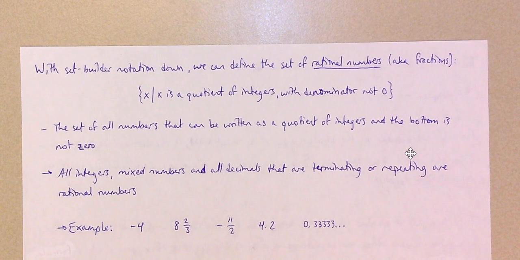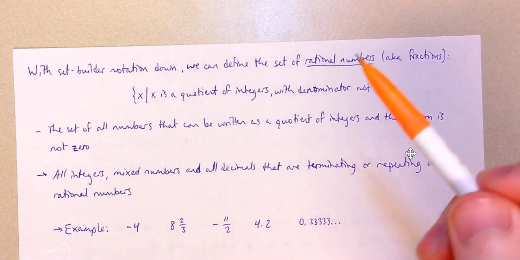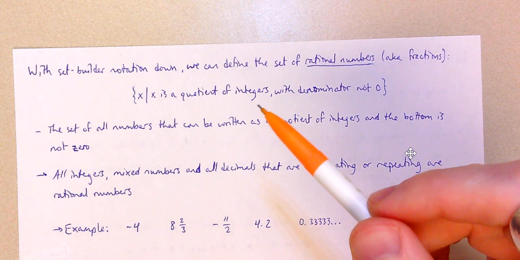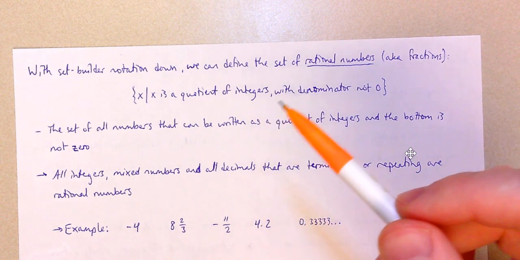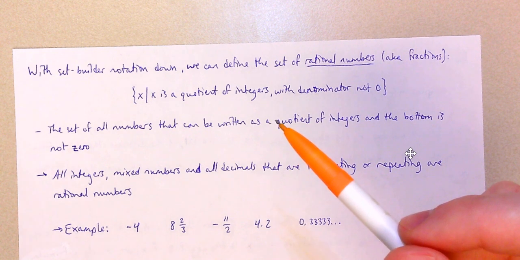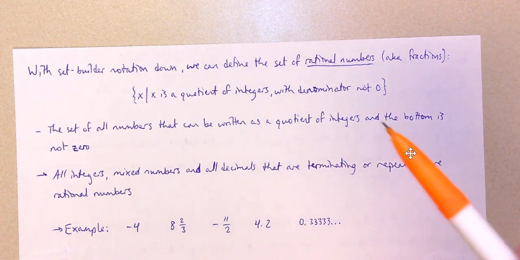So now that we know set builder notation, we can now talk about the set of rational numbers, aka fractions. So the set of rational numbers is really the set of all numbers, x, such that x is a quotient of integers with the denominator, aka the bottom, not being 0.